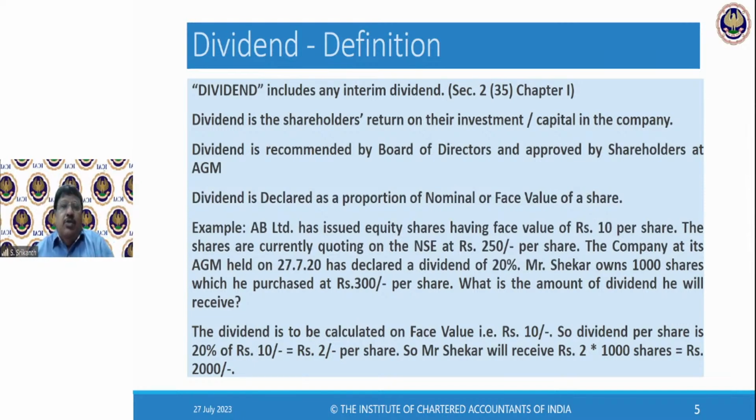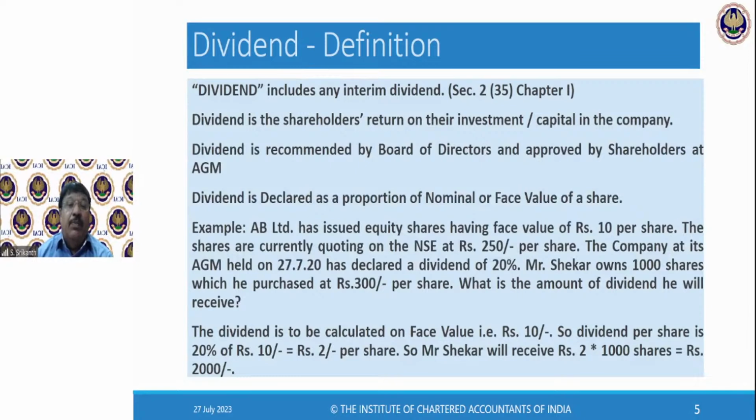Okay. So AB Limited has issued equity shares having face value of rupees 10 per share. The shares are currently quoting on the NSE at rupees 250 per share. The company at its AGM declared a dividend of 20%. Mr. Shekhar owns 1,000 shares, which he purchased at 300 per share when the market was high. It has now come down to 250. Fellow is already crying because 50 rupees gone.